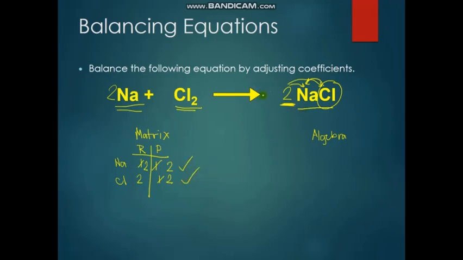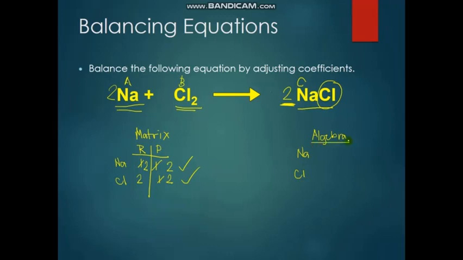Next, let's have algebra. So in algebra, you have variables that represent the coefficient. So you have A, B, C. Whatever variable you want, it's fine. But in this case, we will be using A, B, C. Next thing is you are going to write the sodium and chlorine.